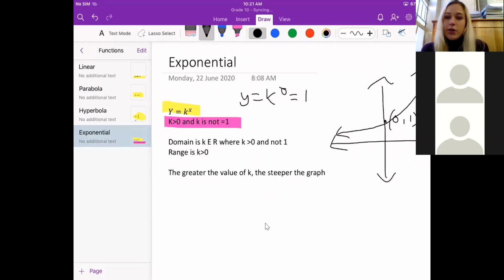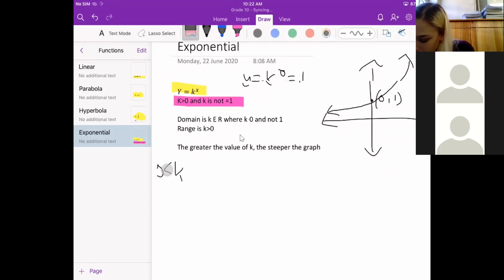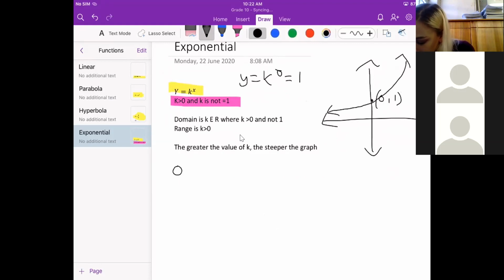Because k has to be greater than 0 and not equal to 1, obviously k is allowed to be between 0 and 1. If k is between 0 and 1, our graph looks a little bit different. Let me erase all of that. If k is between 0 and 1, this is what it looks like.